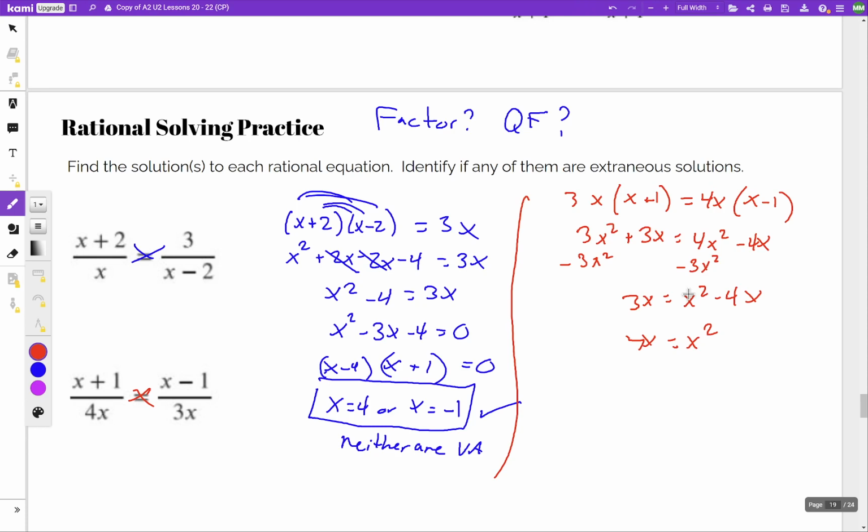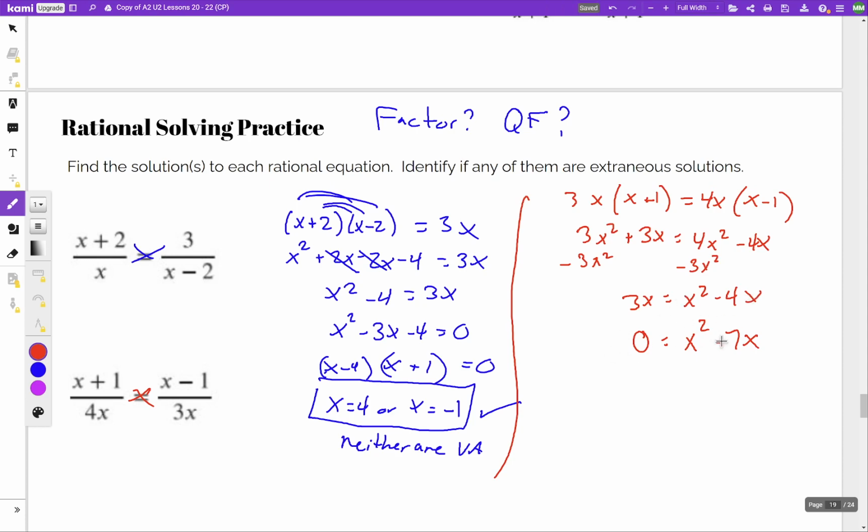Let's take a look. Actually, probably what I should have done is collected them all into one side. So let's go back here. I should have subtracted 3x from both sides, and that was probably a better thing to do. Yeah, can't get them all, right? We're going to subtract 3x. So now we have this.